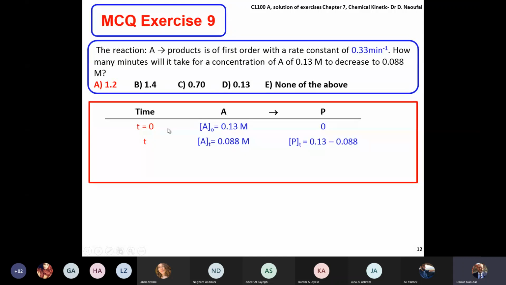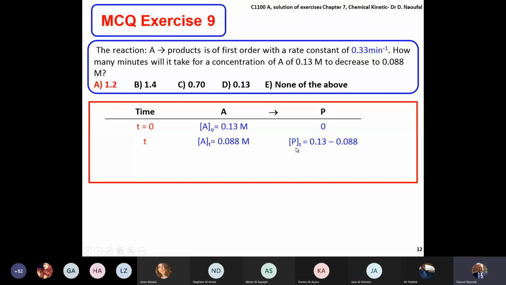At T equals 0, the initial concentration of A0 equals 0.13 M. That of the product P is 0. At time T, the concentration of A decreases from 0.13 initially to 0.088. So the concentration At equals 0.088 molar.